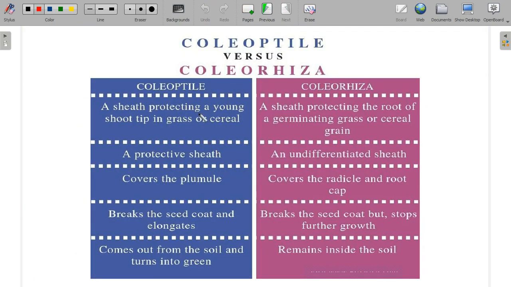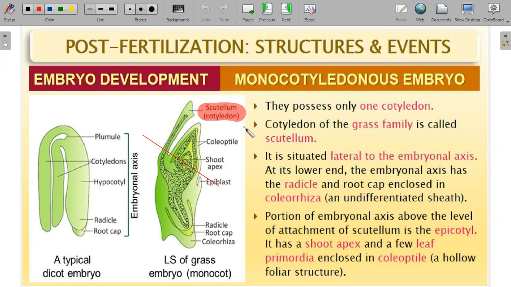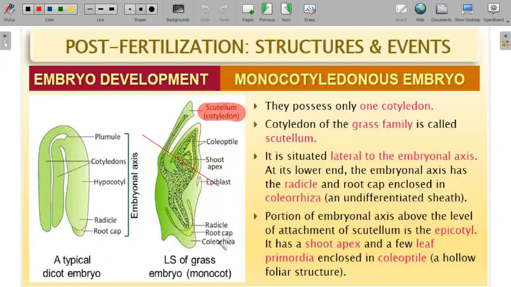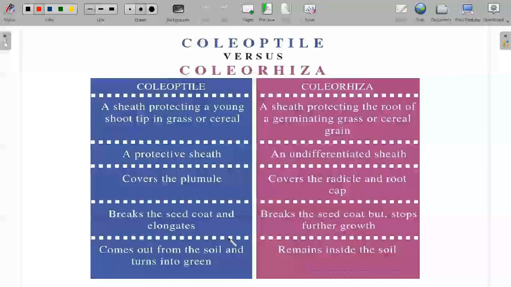So, what is the main difference between a coleoptile, which is given here, and a coleorhiza, which is given here? So look up your coleoptile and coleorhiza. What is a coleoptile? In the canary grass experiment in the discovery of auxin by Charles Darwin and his son Francis Darwin, we have discussed how auxin was discovered.